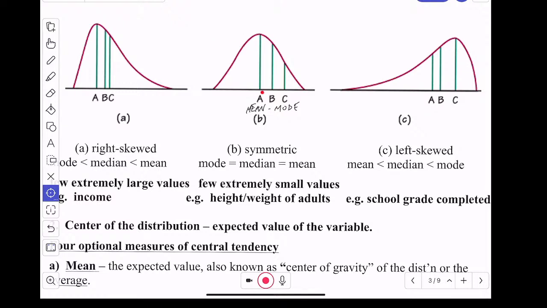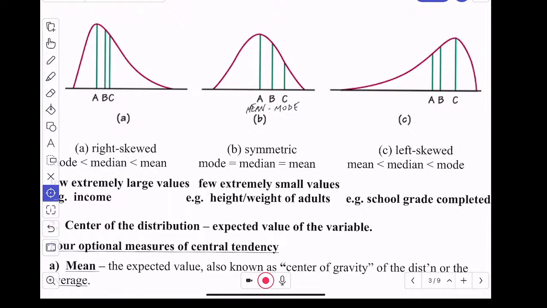It says that most of the values are at A. Some are higher, but just as many are just a bit lower. And some are much higher, but just as many are that much lower. So it balances out on either side. And what you expect if you were to bet is that observations would occur around here, very, very close to the middle. And your best guess would be the mean.